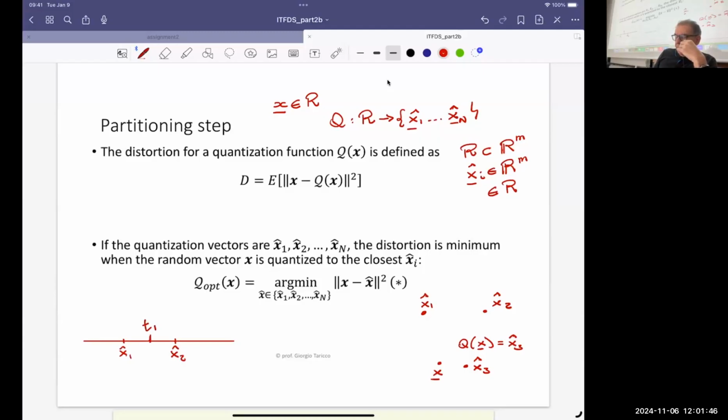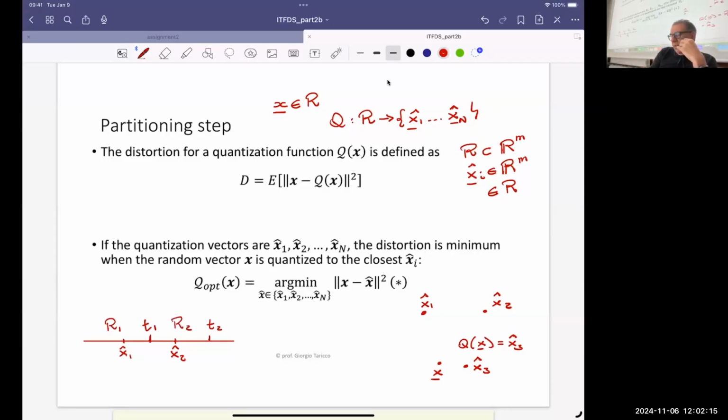Everything that is below T1 is mapped to x hat 1. Everything that is after T1 is mapped to x hat 2 until the threshold T2. So the Voronoi regions in the one-dimensional space are R1, R2, and so on.